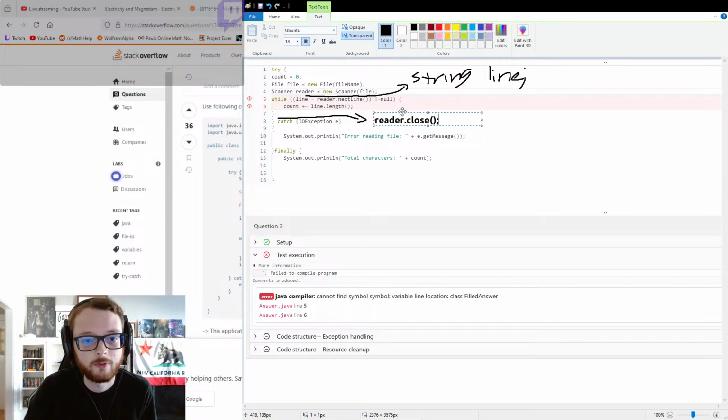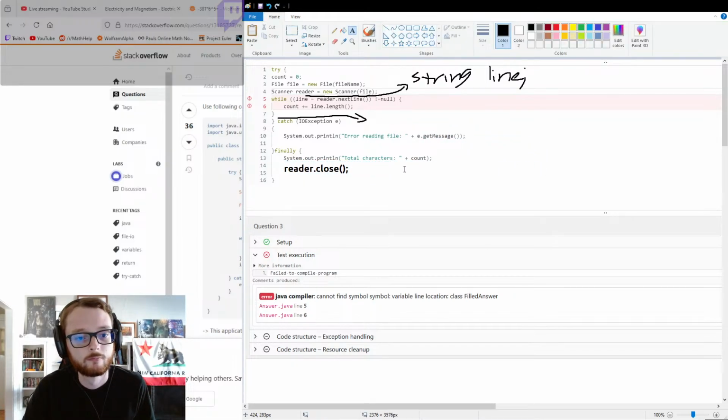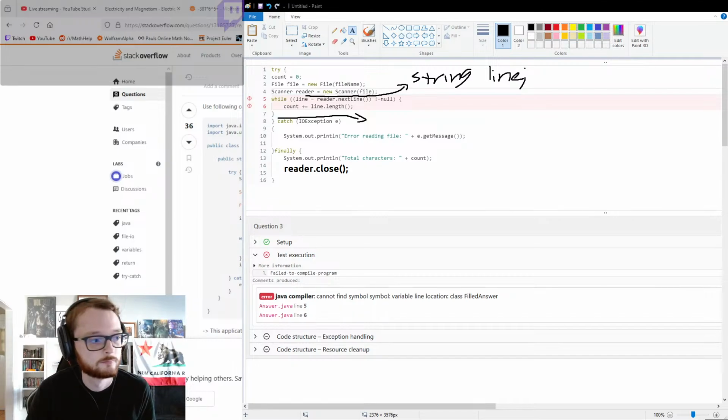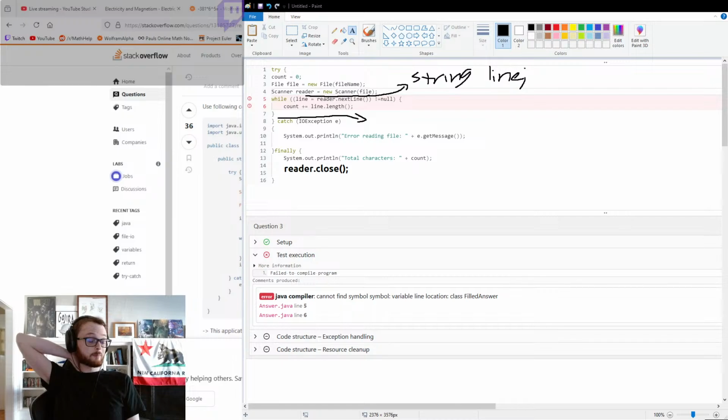Actually, that should really go in the finally block, shouldn't it? Because you want to close the file no matter what, once you're done with it. It might mean something else, but it's my guess.